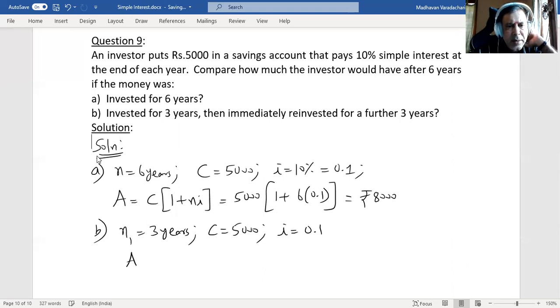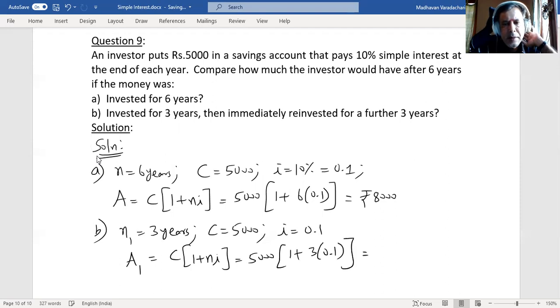First, let us calculate the amount at the end of 3 years, which we will call A1, is C times 1 plus NI, which is 5,000 times 1 plus 3 times 0.1, which gives 1.3 into 5,000.